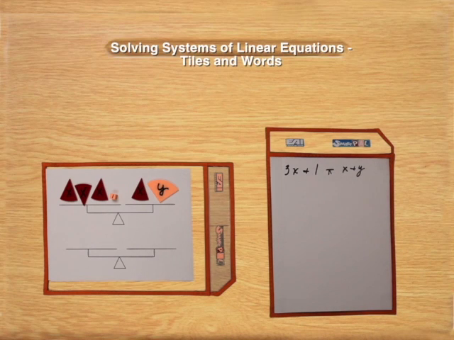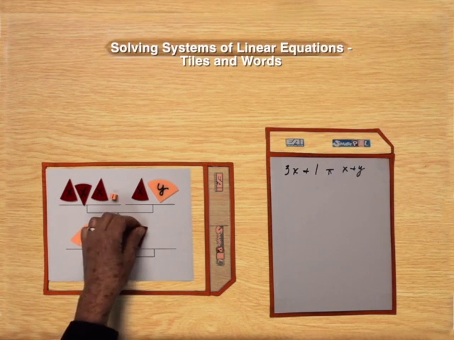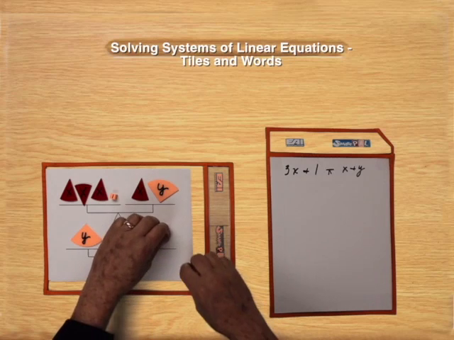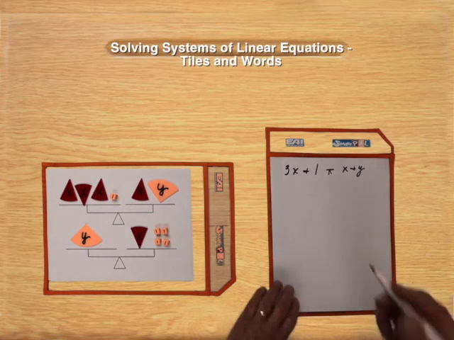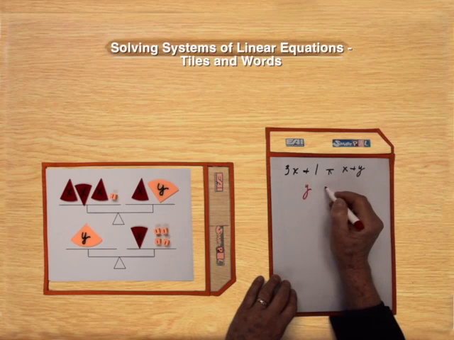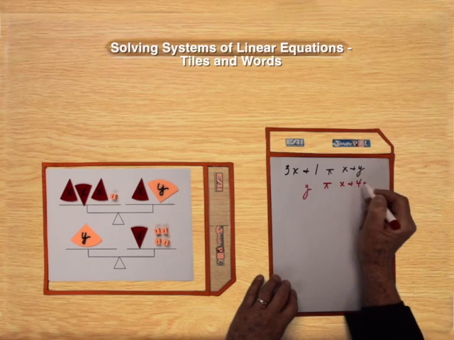Now we're going to have a second balance. And the second balance is going to be y balancing x and 4. And let's record that. So we have y balancing x and 4.